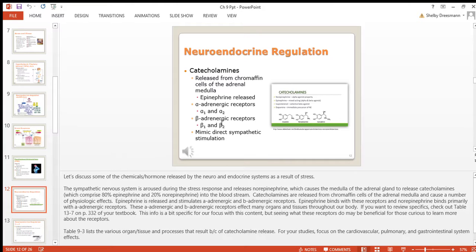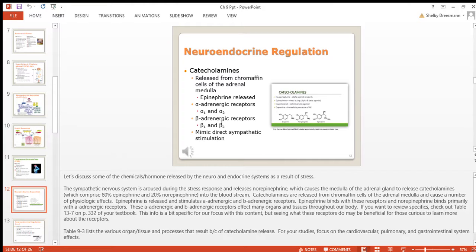Epinephrine binds to these receptors, primarily A adrenergic receptors. These A adrenergic and B adrenergic receptors have effects on many of the organs and tissues. You can review this in your book, but it's a little bit specific. So just know this for focus.